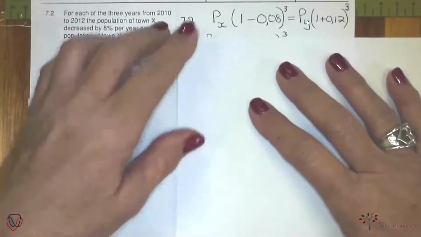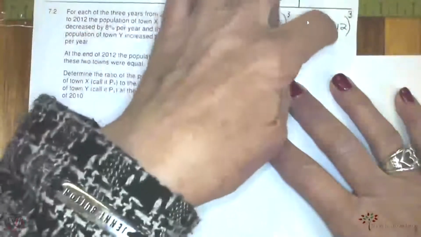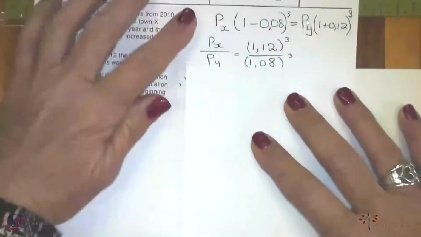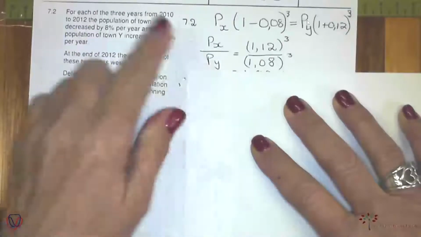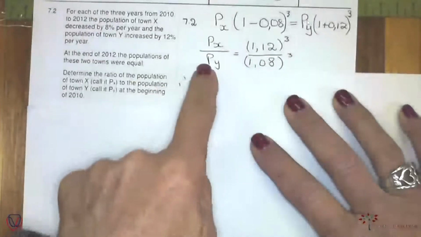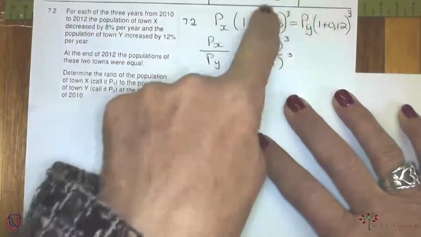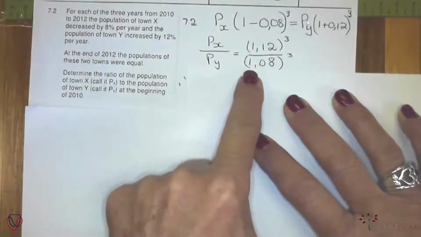We're going to get 1.12, the positive one on that side. I'm going to divide by that one on this side. Then I'm going to take the PY to this side. Have you got it? I skipped a step again. You take the PY, you divide it into PX. You take that one, you divide it into that one. And that is where you get this from, okay?